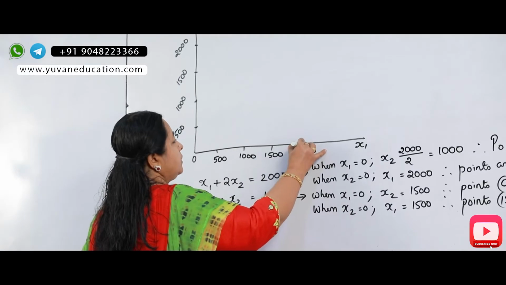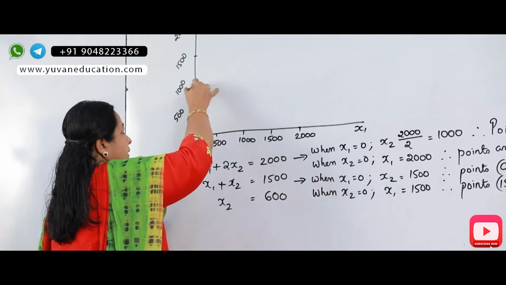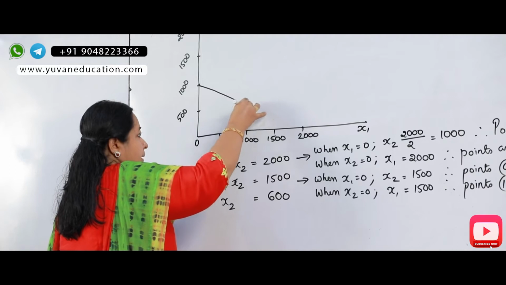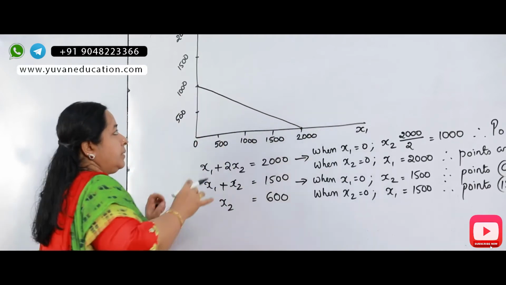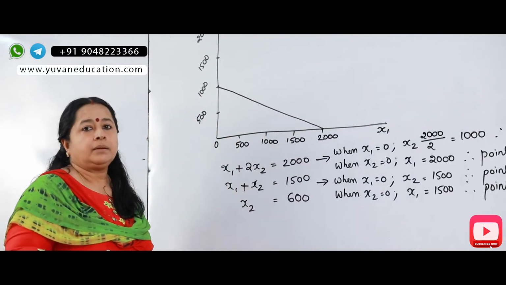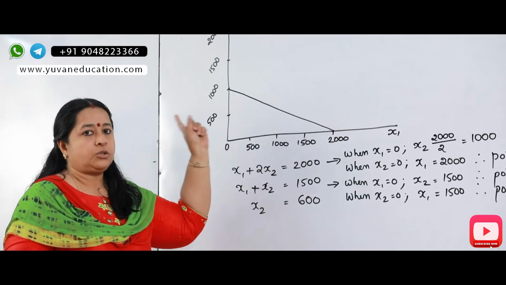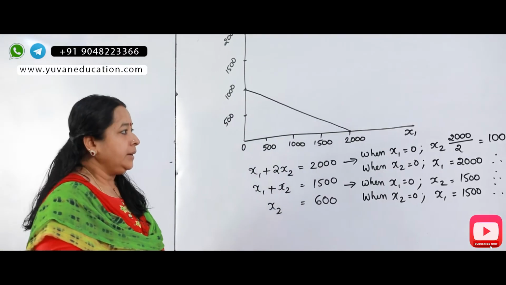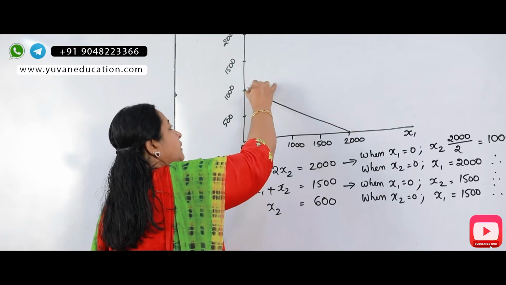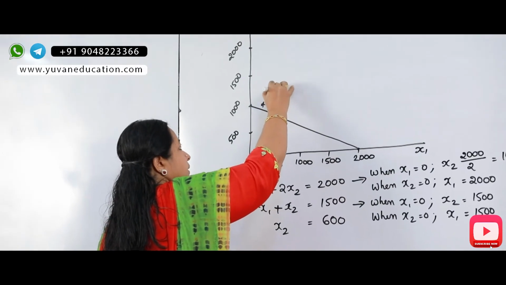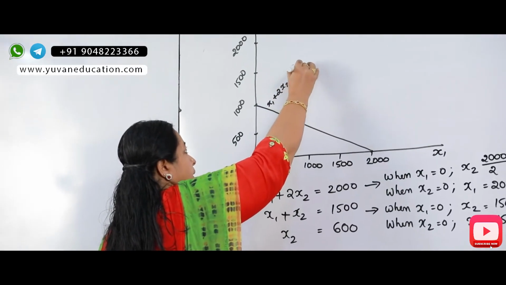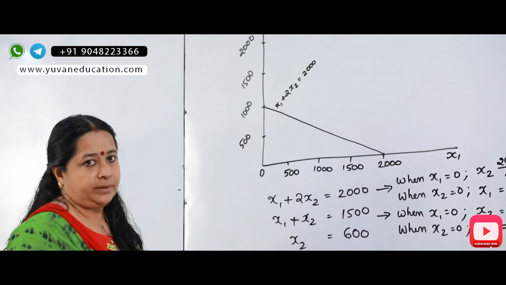Put one point here. Then prepare a line by touching these 2 points. This line is called x1 plus 2x2 is equal to 2,000.